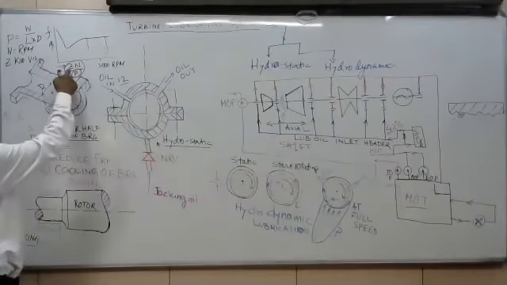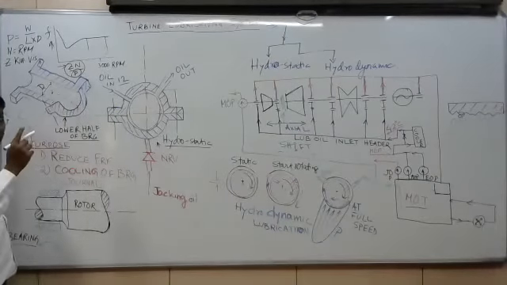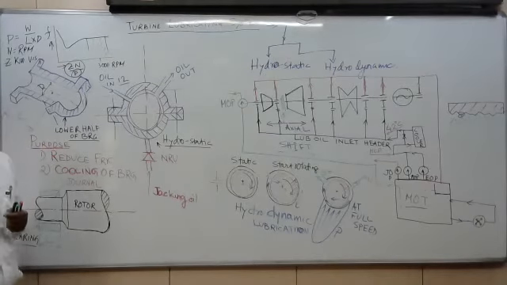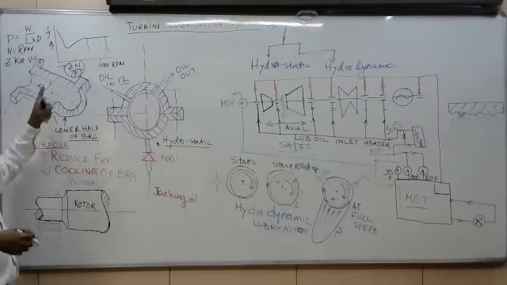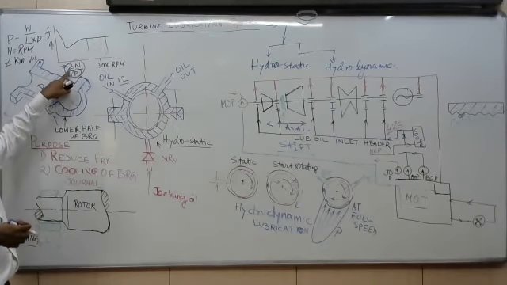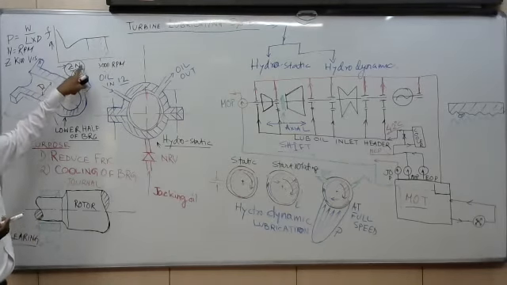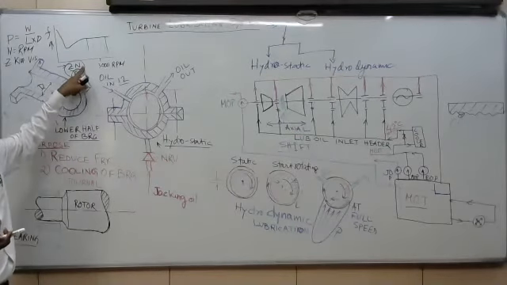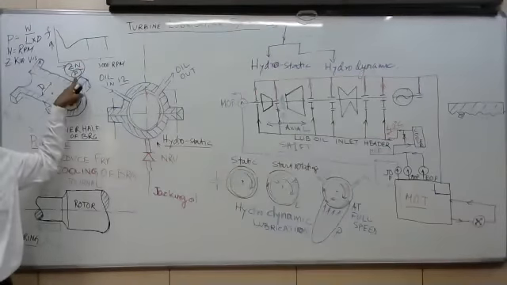Z is the kinematic viscosity, that is viscosity divided by rho. It depends on temperature also. N is the RPM of the rotation, that is turbine RPM. And P is the load carried by the particular bearing.